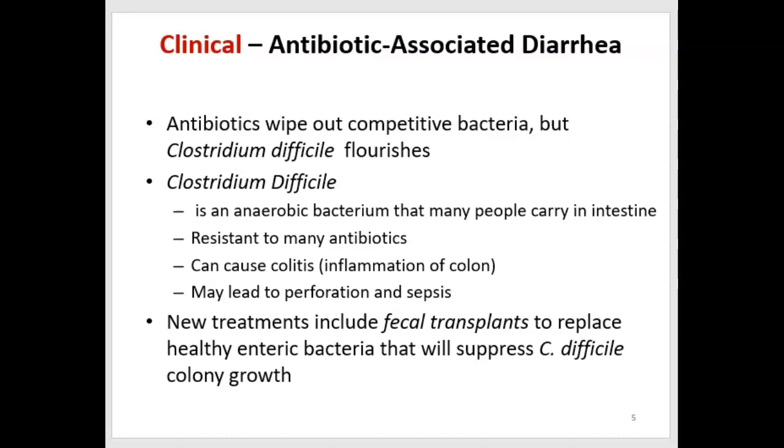And so you take the fecal matter from one person that contains healthy enteric bacteria and transplant it into the gut of a recipient, and that suppresses the colony growth of Clostridium difficile. I don't think I really want to have a fecal transplant if I can avoid it.